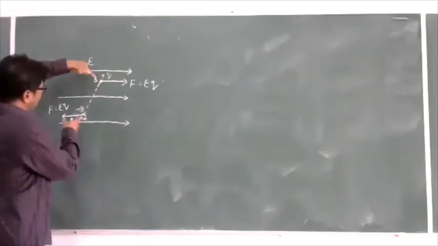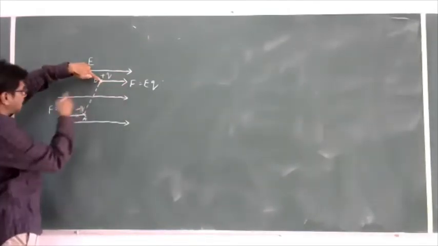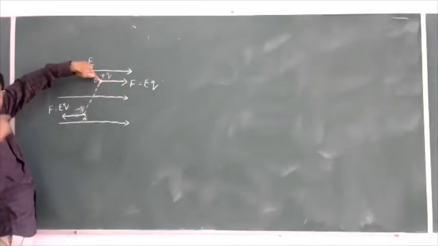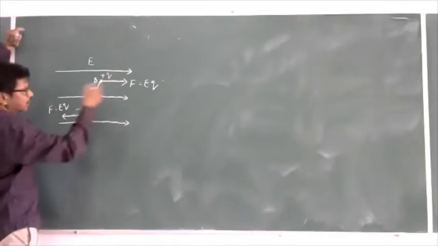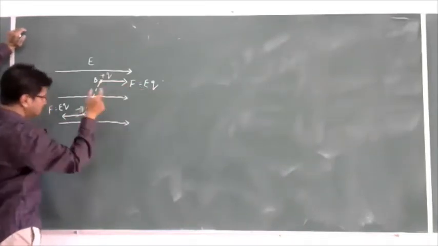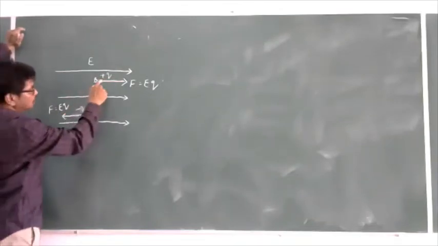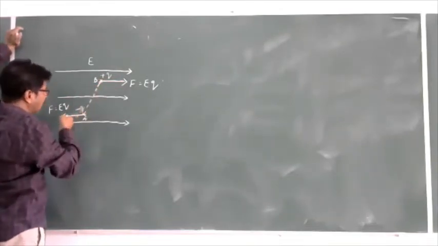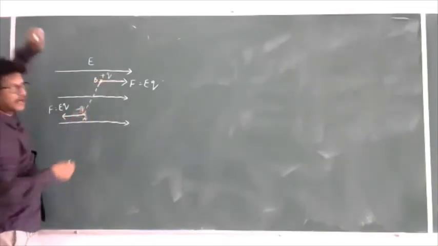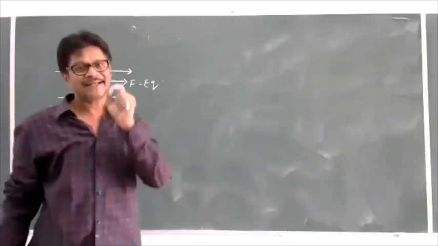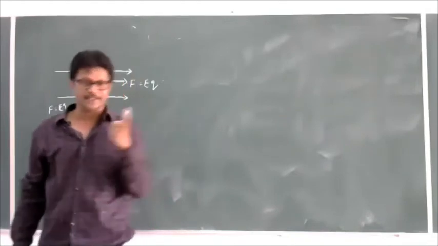Now, on an electric dipole, how many forces are acting? Two forces are acting, in opposite directions. What is the magnitude? The magnitude is the same: EQ here, and EQ there. So, two equal and unlike forces are acting on a plane, not at a point.